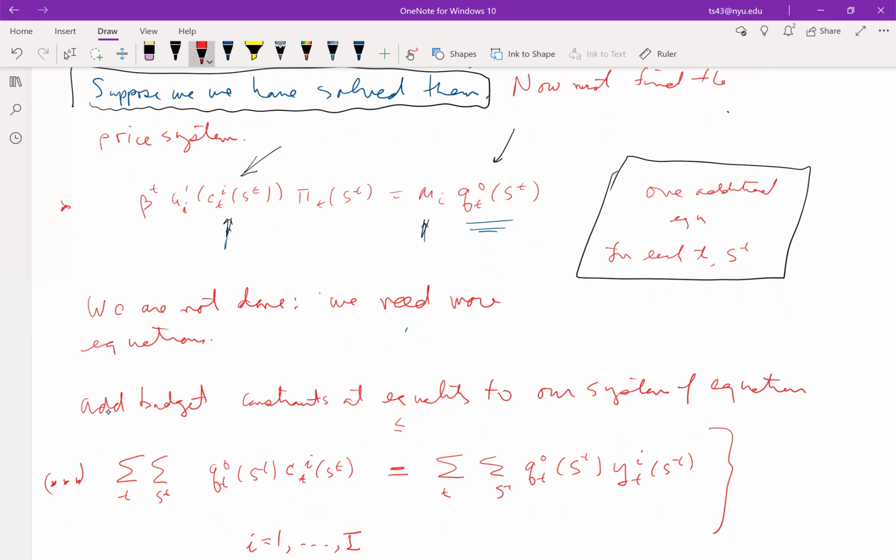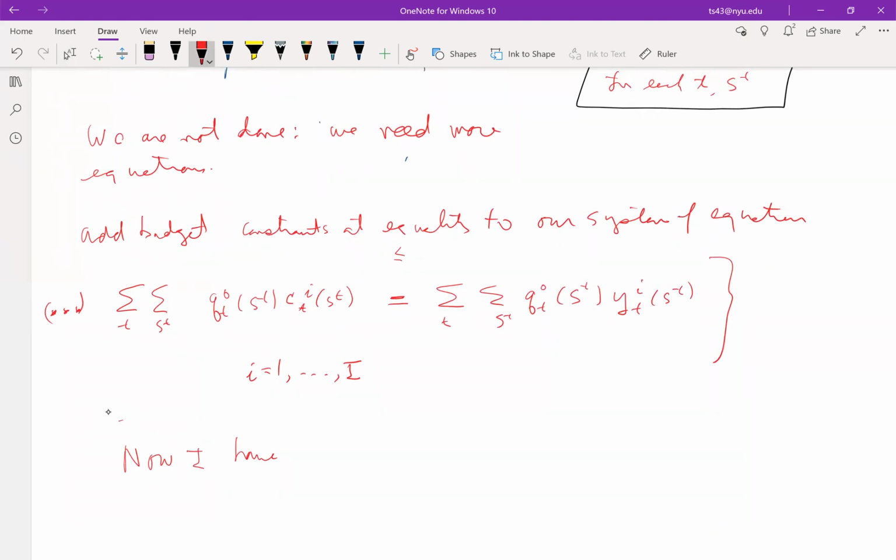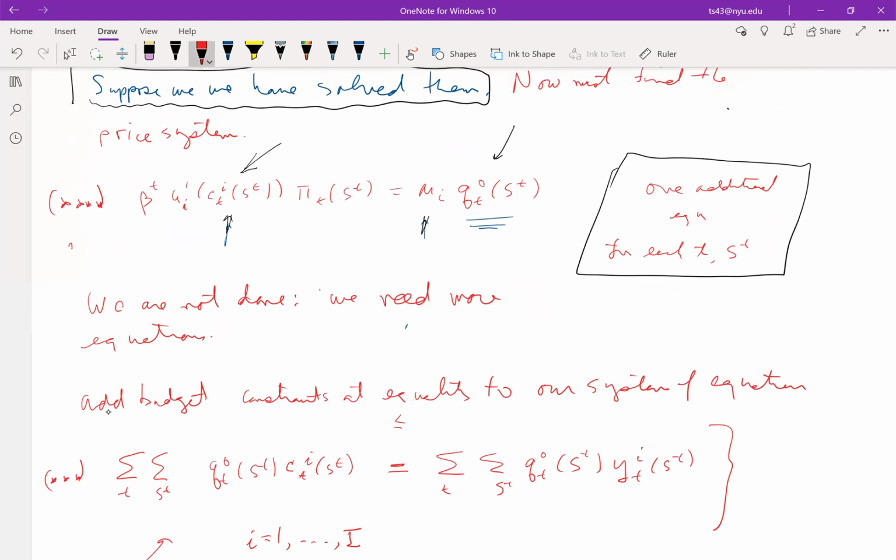Call this four stars. Okay, so now what I have is I equations here. I have one equation here. It's one equation at a particular date.